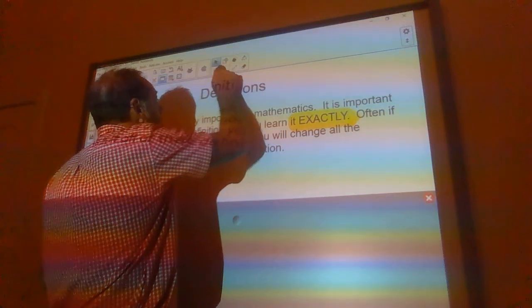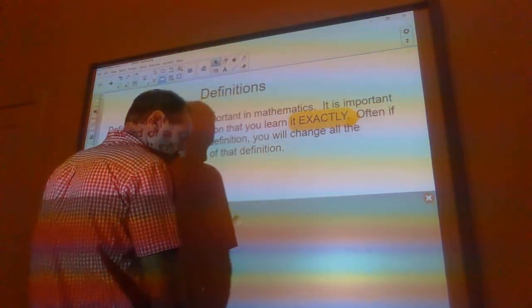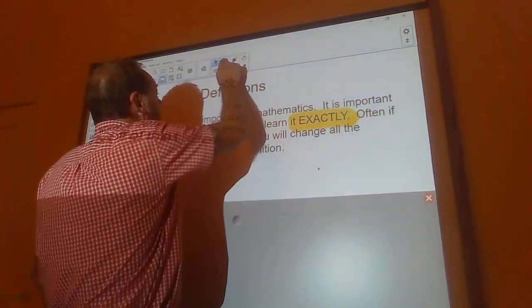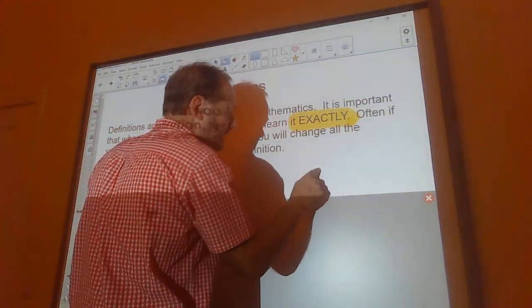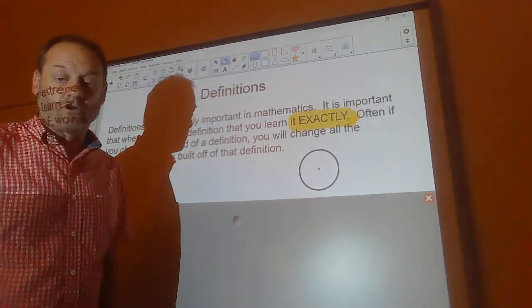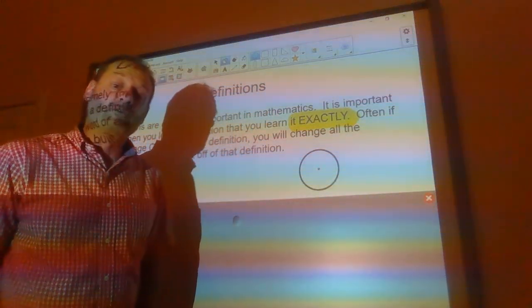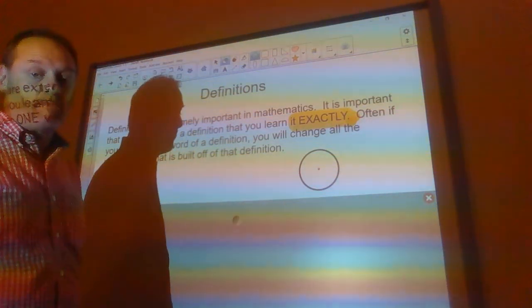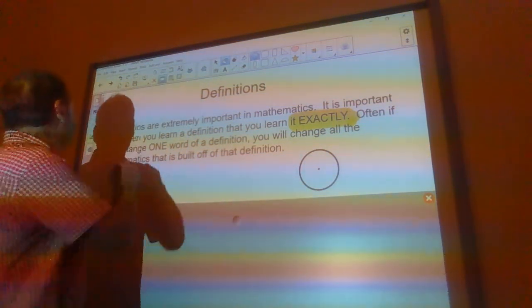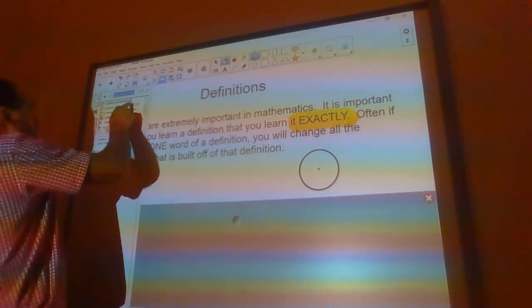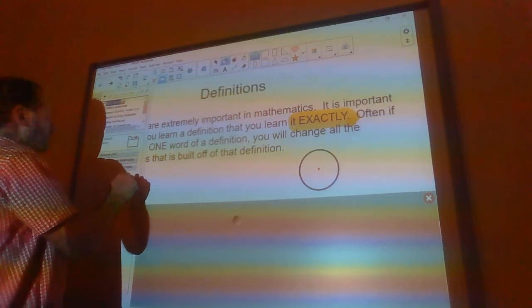Then we have a center point, and it's in a plane, so it's in a flat surface, and I take this, and there's a circle. But if I leave the words "in a plane" out, I have the set of all points equidistant from a center point, I no longer have a circle.